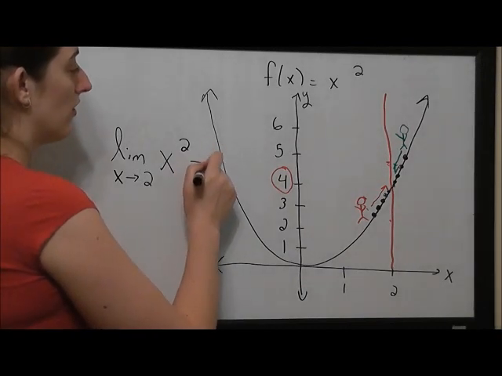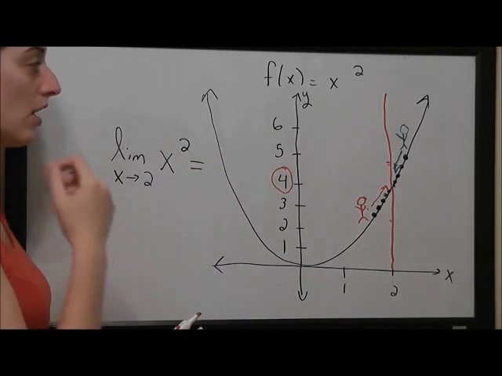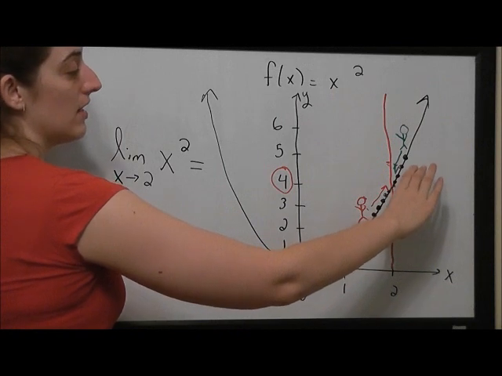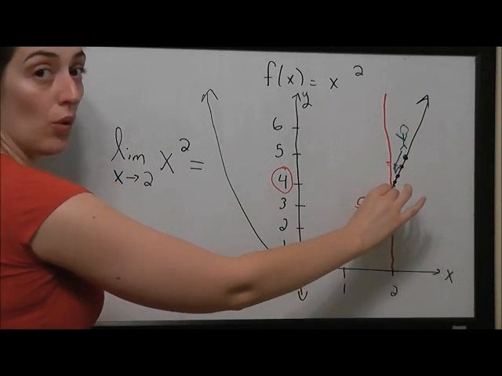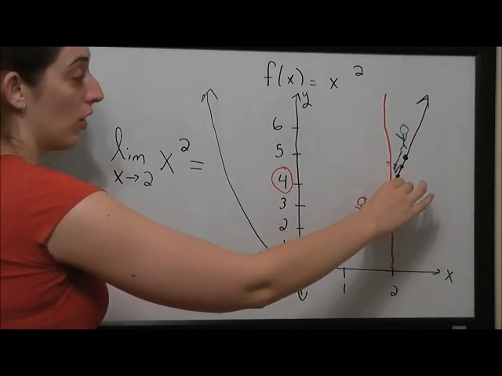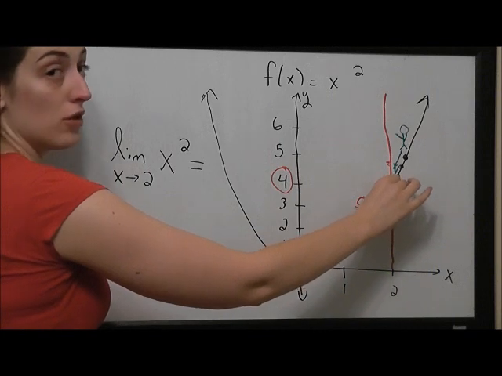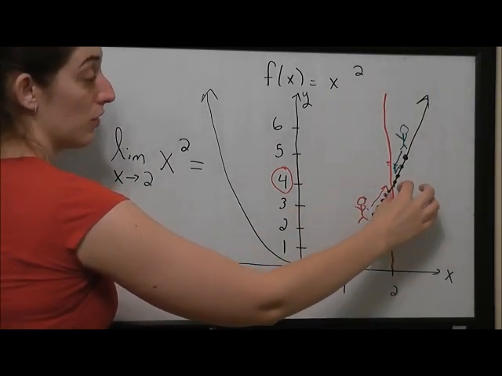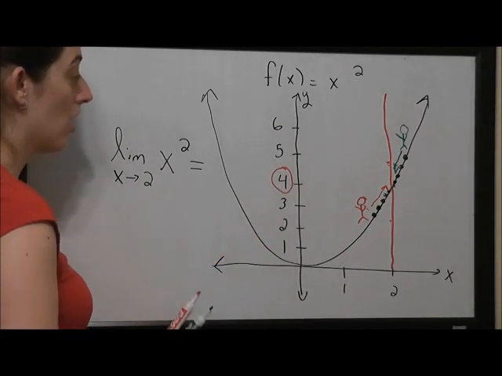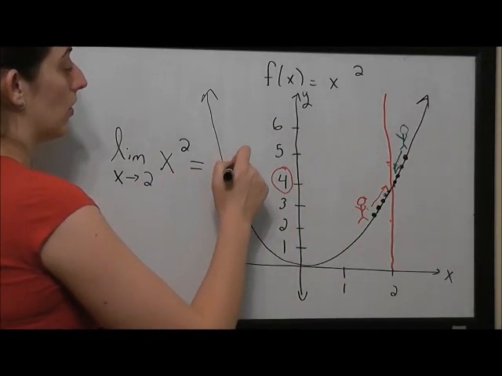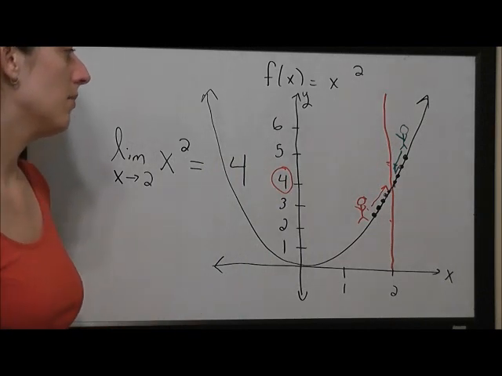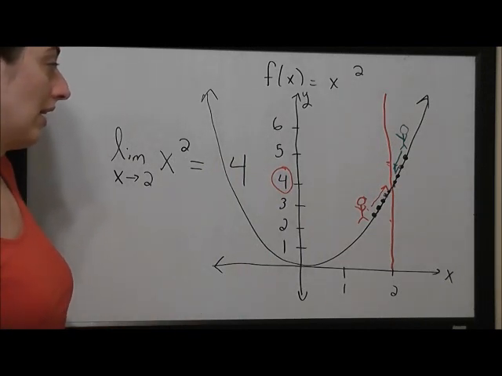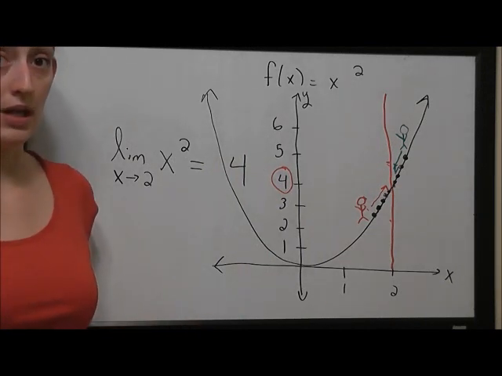Now, what's the answer for this going to be? Well, the answer is what it seems like we're heading towards as we walk closer and closer to this point, and it looked like we were getting closer and closer to a height of 4, so we'd say that the limit equals 4. Now you may be looking at this and thinking, well gosh, that was the same as the point.